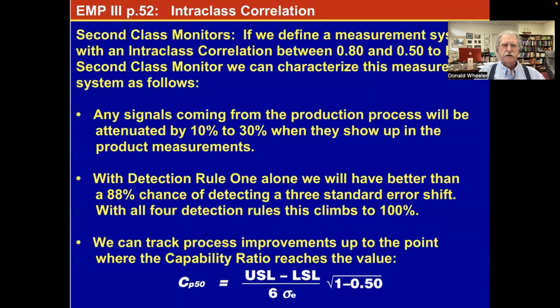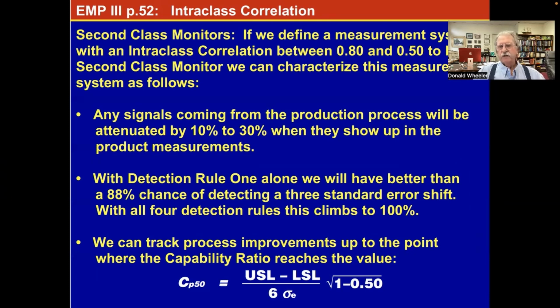With a second-class monitor, any signal coming from the production process will be attenuated anywhere between 10 to 30% when those signals show up in the product measurements. With detection rule 1 alone, we will have better than an 88% chance of detecting a 3 standard error shift. With all 4 detection rules, our chance of detecting a 3 standard error shift climbs up to 100%.